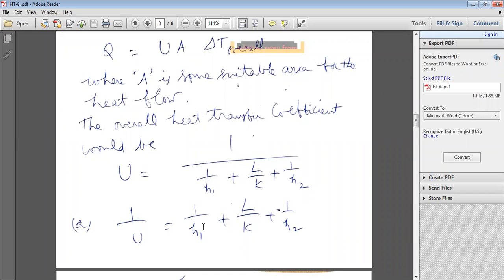Why are we calling U the overall heat transfer coefficient? Because we are combining conduction heat transfer with convective heat transfer.